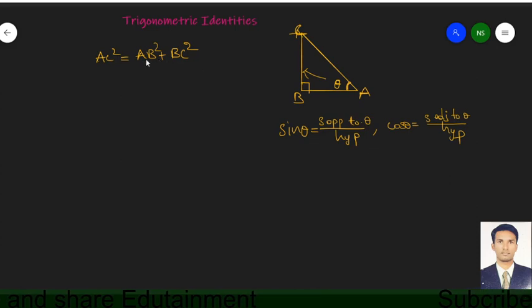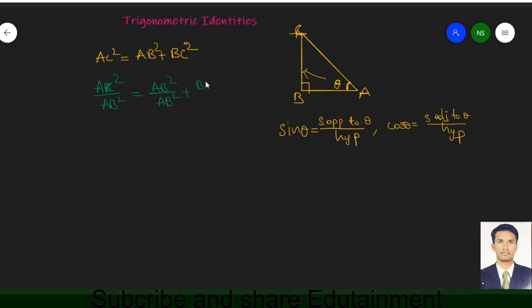Let us divide both sides with AB square. Then I will get AC square divided by AB square, which is equals to AB square divided by AB square plus BC square divided by AB square.